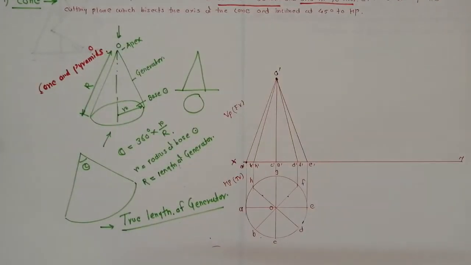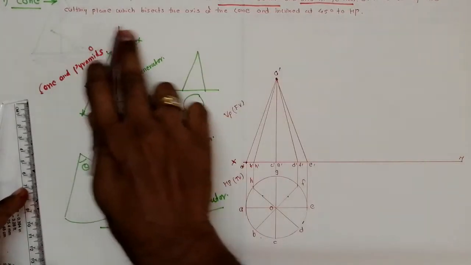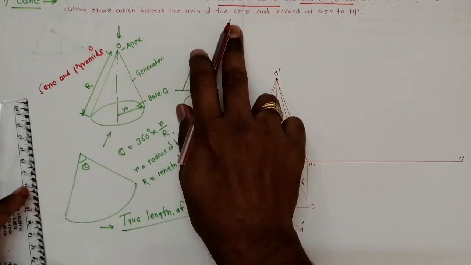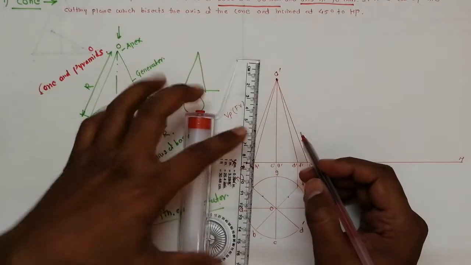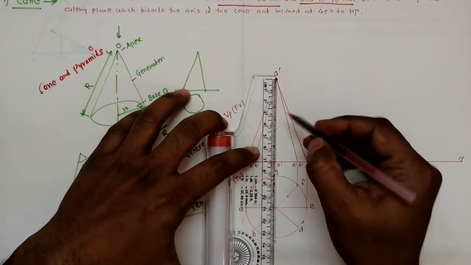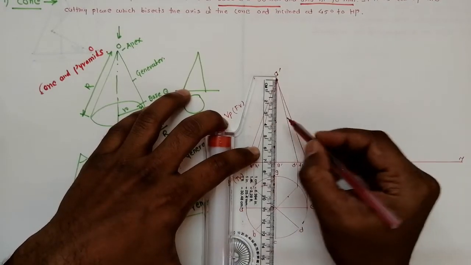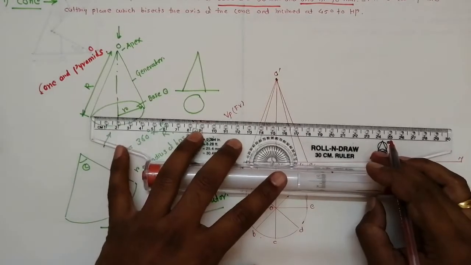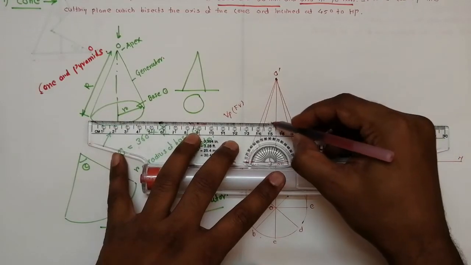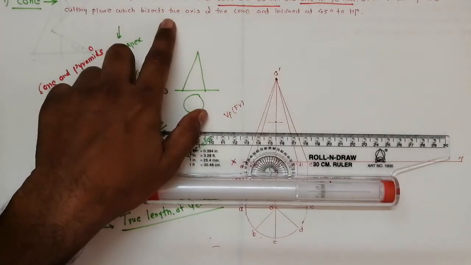Now we'll construct the second part of the problem, where the cone is cut by the cutting plane which bisects the axis of the cone. Since it bisects the axis, you take the center of the axis, which comes here. At that point, you draw one horizontal line like this. Then what angle do we have to take?